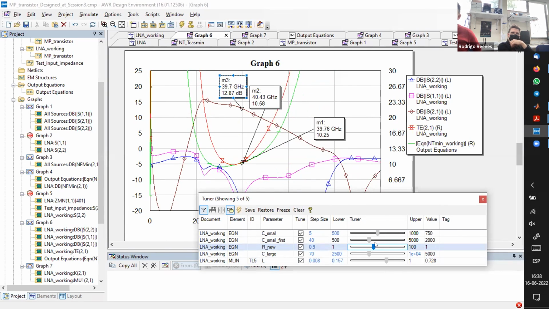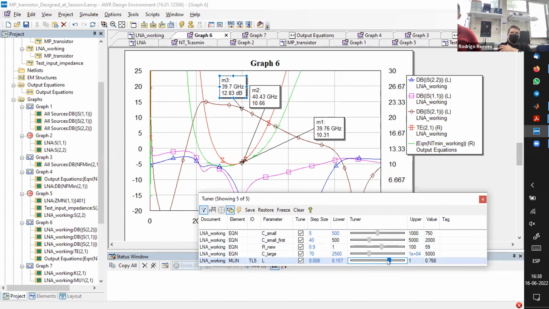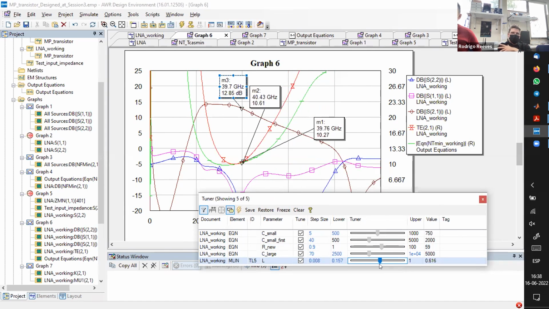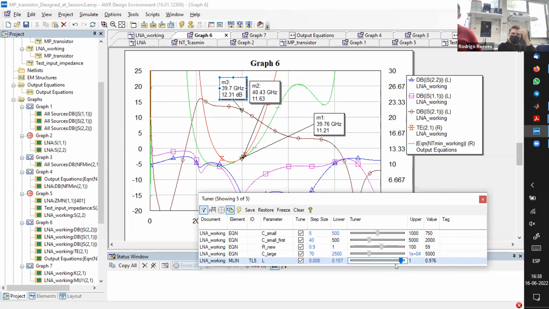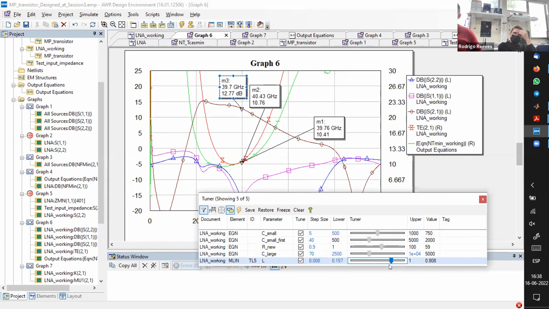Now, this is one thing. If we had a 3-stage amplifier, we could put it on the third stage, so it wouldn't affect the noise that much. So now it's affecting the noise, as you can see, quite a lot actually. At the lower end of our band, the noise shoots up. So something is affecting that one.